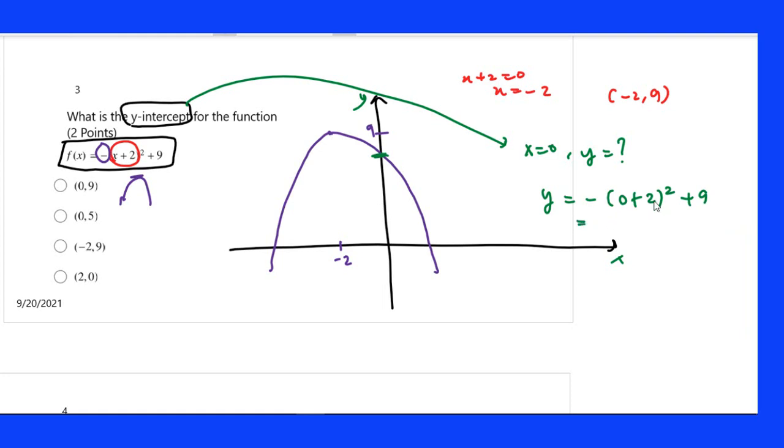So negative 4 plus 9 is 5. So the point is (0, 5). This is the y-intercept. Okay, settled for number 3.